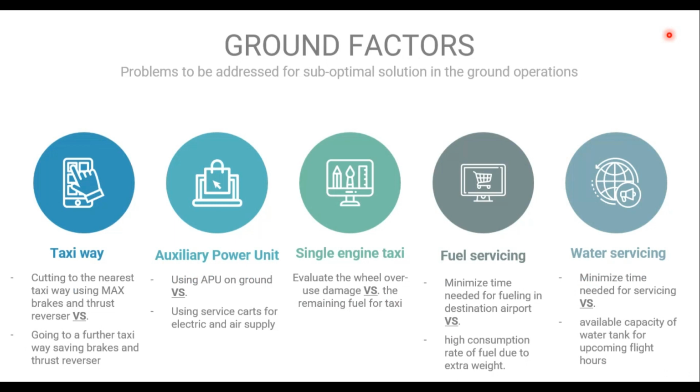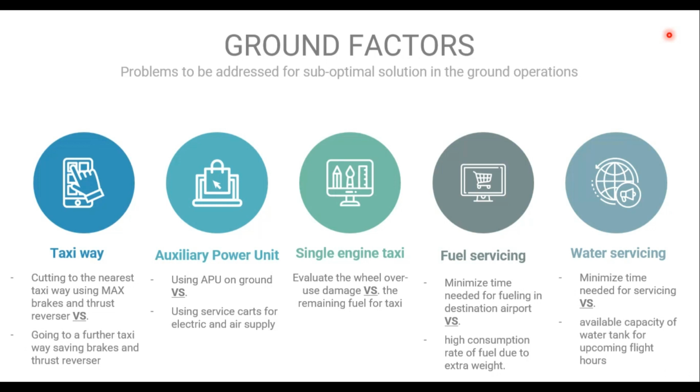When you taxi, shall you cut towards the nearest taxiway and rely on braking efficiency and thrust reversal, or do you go for a farther taxiway and exit from there, saving the brakes and thrust reversal? This is a very big debate between the airlines, by the way. There is no accurate answer for that.